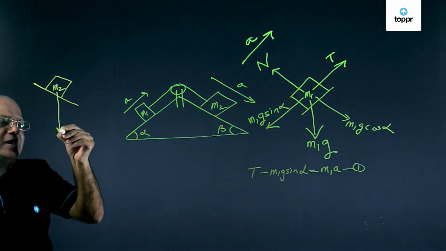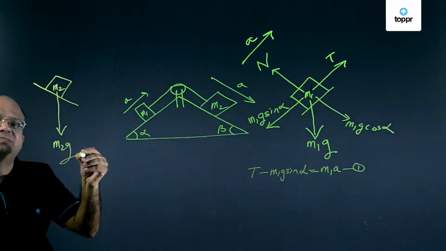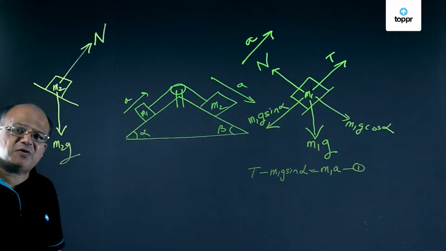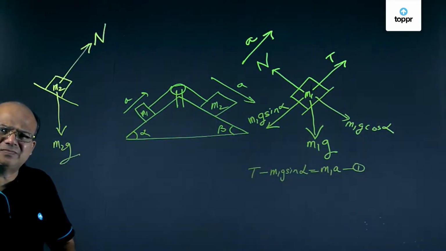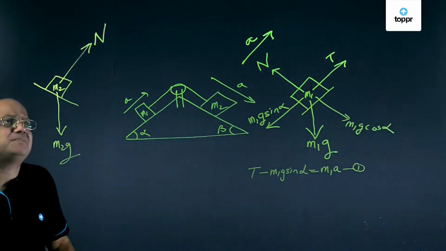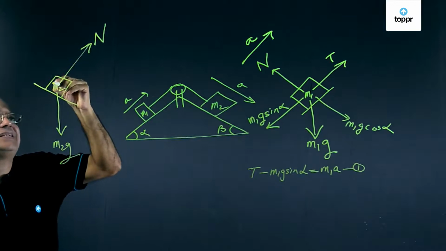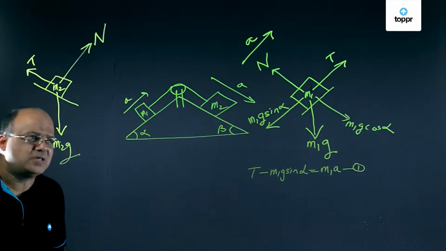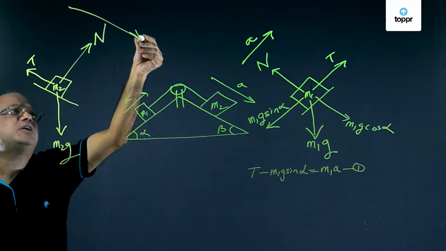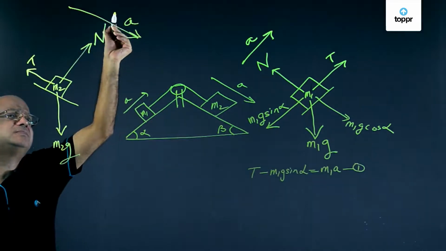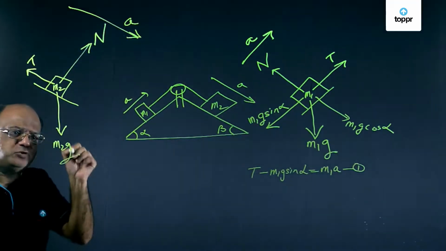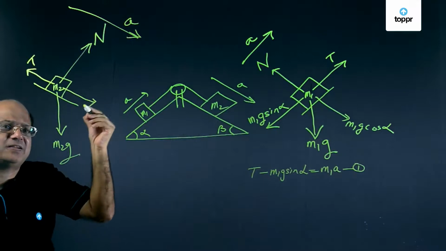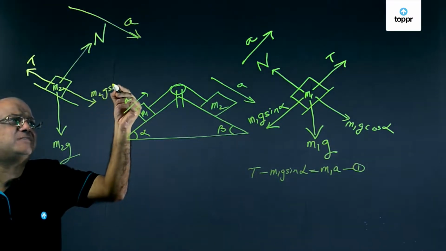m2 has mass, weight will act vertically downwards, m2g. m2 is pushing against the surface, so normal will act perpendicular to the surface, away from the body. Now this m2 is connected by a string, so tension will act along the string away from the body. And m2 is accelerating downwards, down the inclined plane. Now again, m2g we have to resolve into components. m2g will have a component this side, that is m2g sine beta.